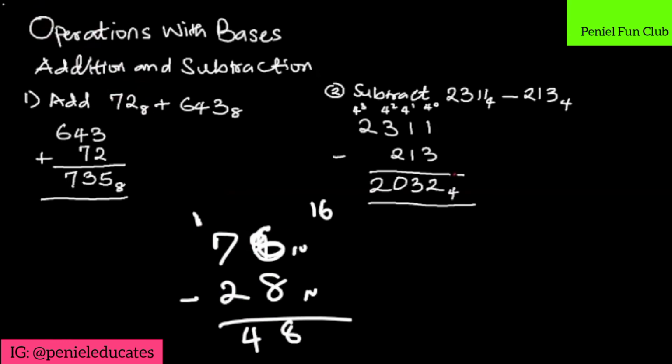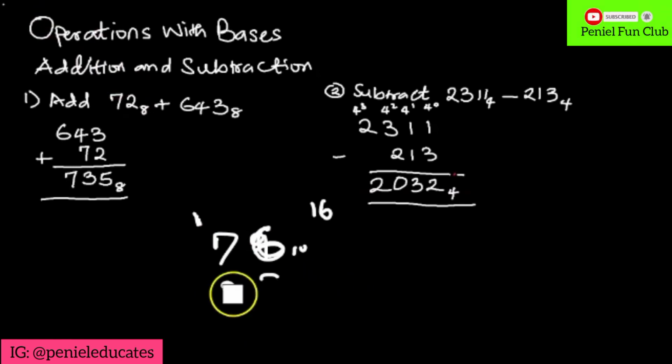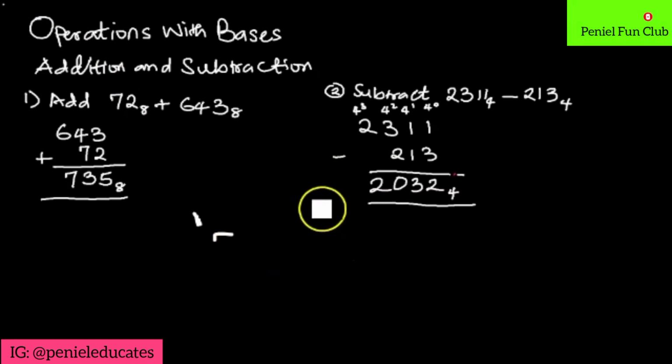Now this mathematics that we've known is the same thing that happens to all other bases. We do the subtraction and addition the same way. For example, 3 plus 2, these are in base 8. 3 plus 2 is 5, so we write 5 because it's not up to 8 and not more than 8. So 7 plus 4 is 11. All right, so this 11 is more than base 8.